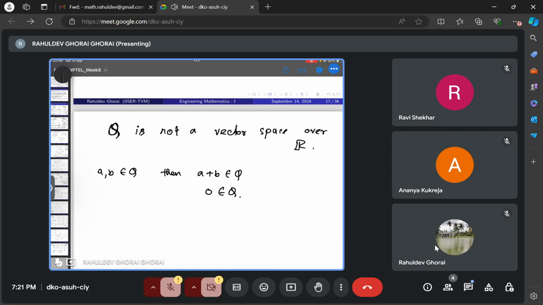Multiplication, right? You take an element from R and multiply with an element of Q, and you still have to get an element of Q. After multiplication that should also be in Q. But does that happen always? No, right?